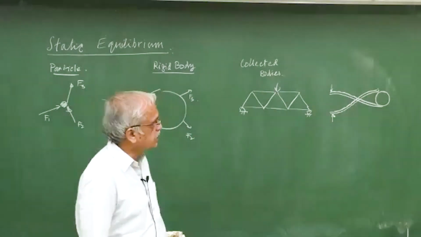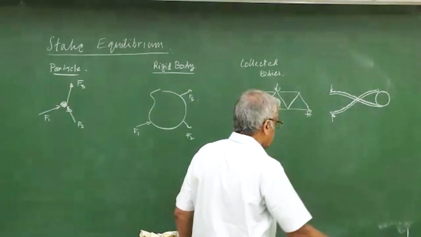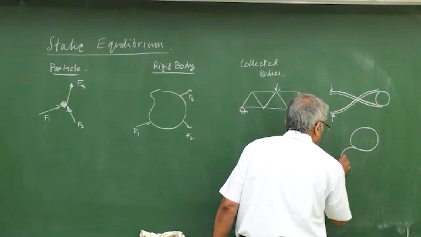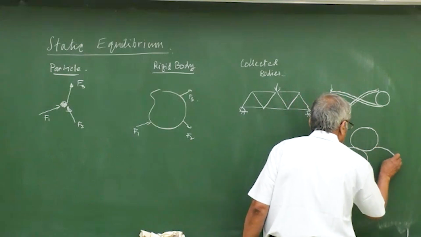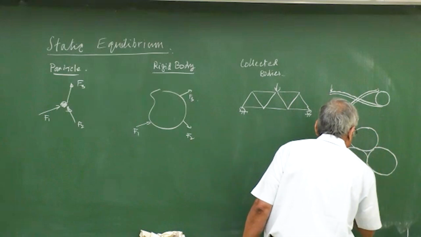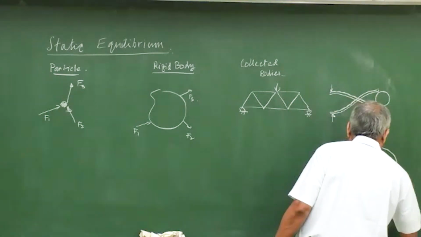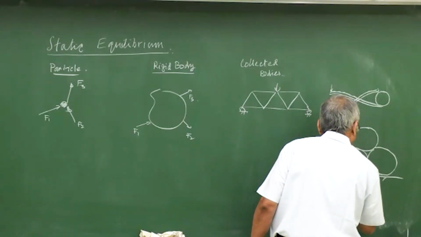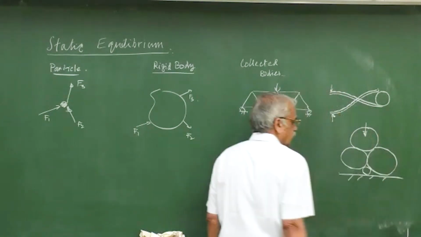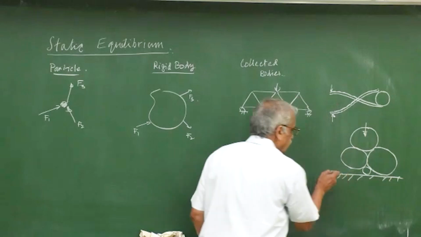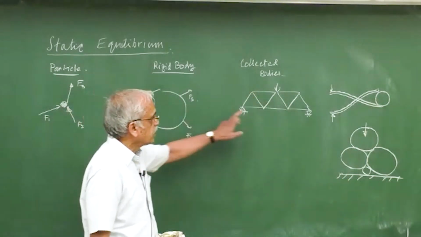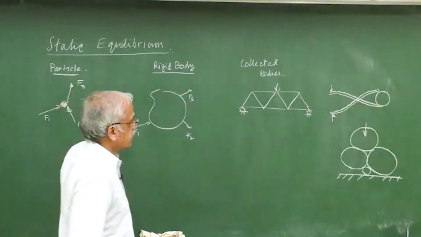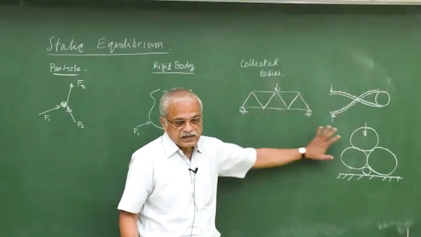Or we have a host of other examples, such as loosely connected bodies, which are just touching each other. So all these things go from a particle to one body to a number of bodies put together, and they are all connected. So our final aim is to analyze these kinds of structures.